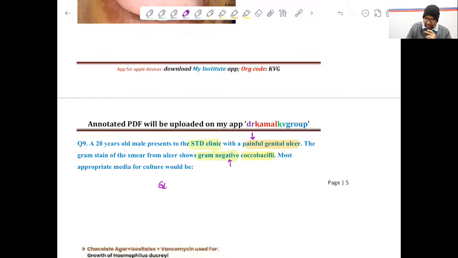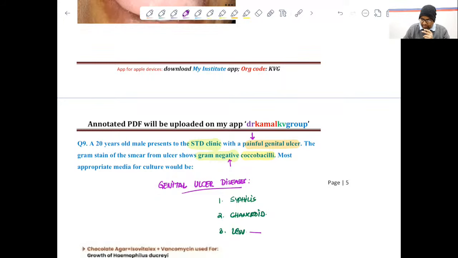When we study genital ulcer diseases, we usually take into consideration three entities: syphilis, chancroid, and LGV, lymphogranuloma venereum.